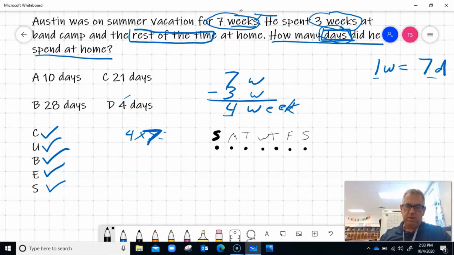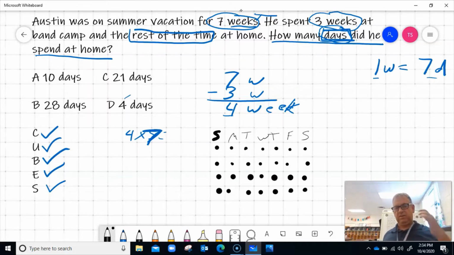And then the second week, 1, 2, 3, 4, 5, 6, 7. The third week, 1 through 7. And then the fourth week, 1 through 7. So that's an array that I can use to solve this problem.